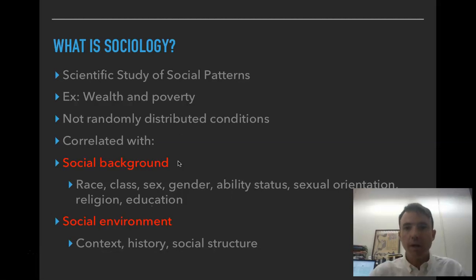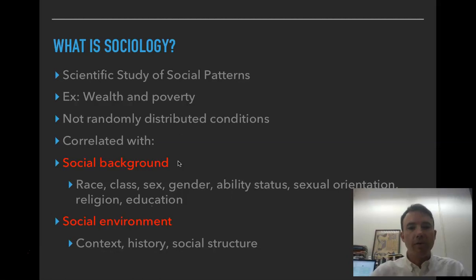Now, not only are wealth and poverty correlated with social background, which once again are aspects of our identity as individuals, but also with social environment. Social environment refers to the broader social and historical context within which we exist, and also has to do with the way that social institutions, the primary building blocks of society, like politics, the economy, religion, education, just to name a few, are organized.